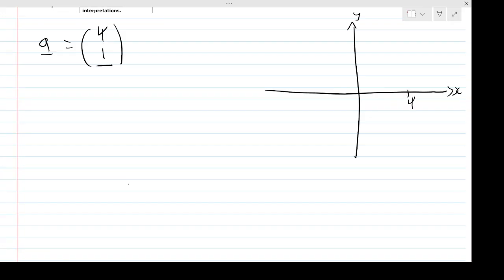The next number, 1, represents the Y coordinate, so that'd be 1 there. So that point is there, and the vector would start from the origin and connect to that point. That vector would be vector A.